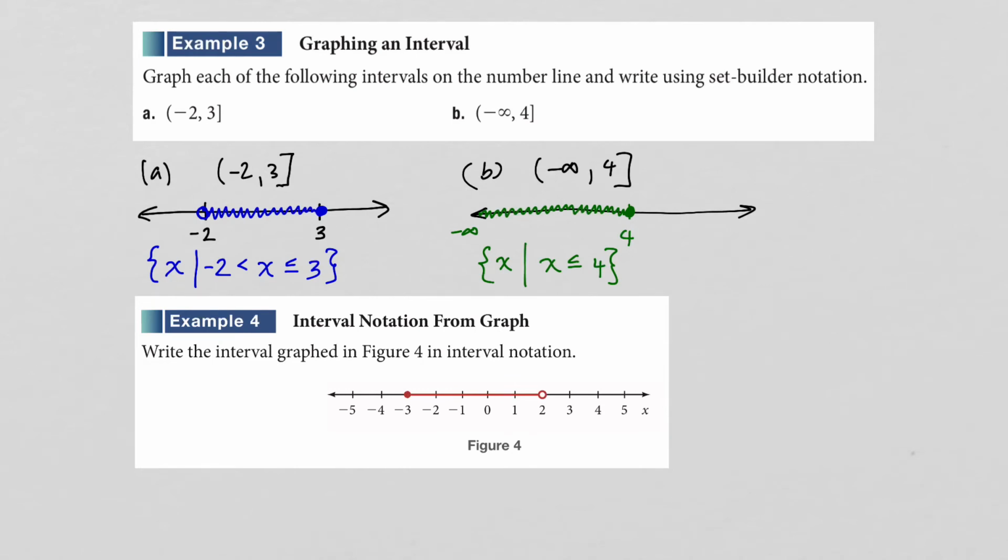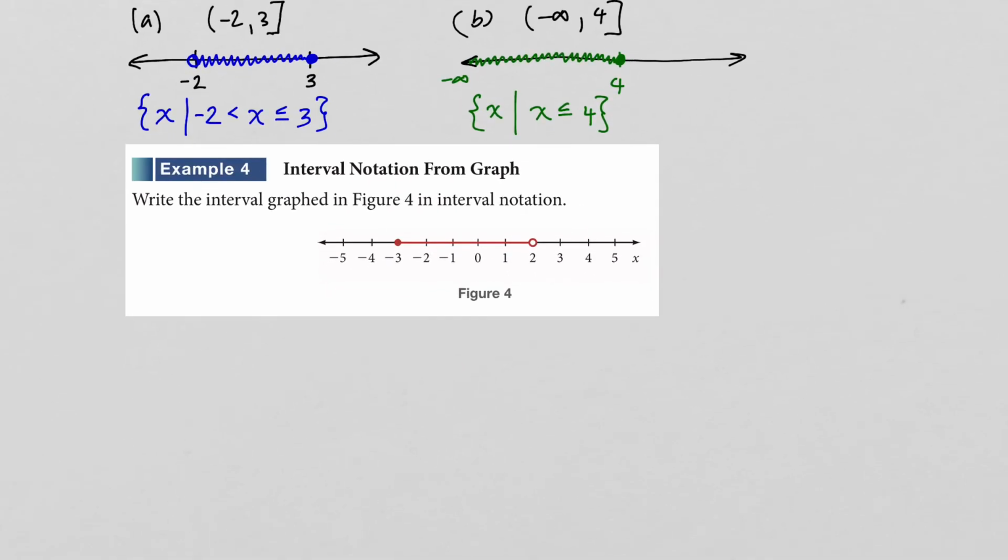In the next example, we're just doing the opposite. Now we have a graph, and we want to write the interval graphed here in interval notation. And to me, this is a little bit easier. So we're looking at all the numbers graphed here, which are all the numbers starting at -3, up to, and stopping at +2.